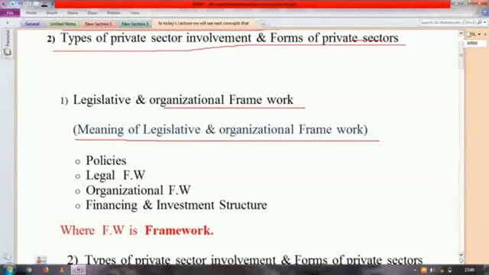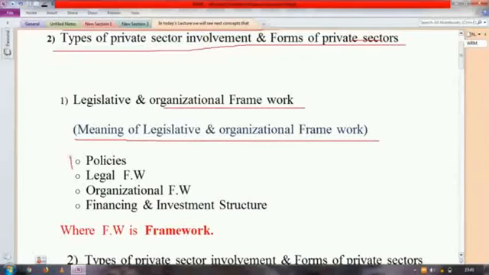Someone means it may be an institution or any head of the institution with the power. It makes the rules and regulations or laws. This activity is called as legislative framework, and this is the meaning of legislative and organizational framework.